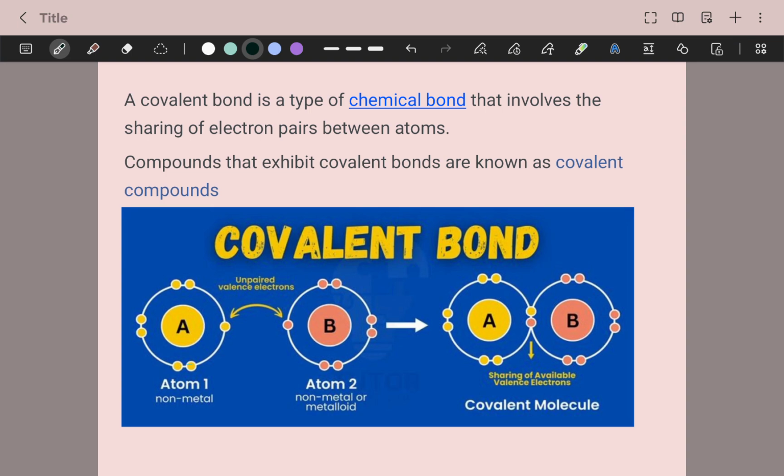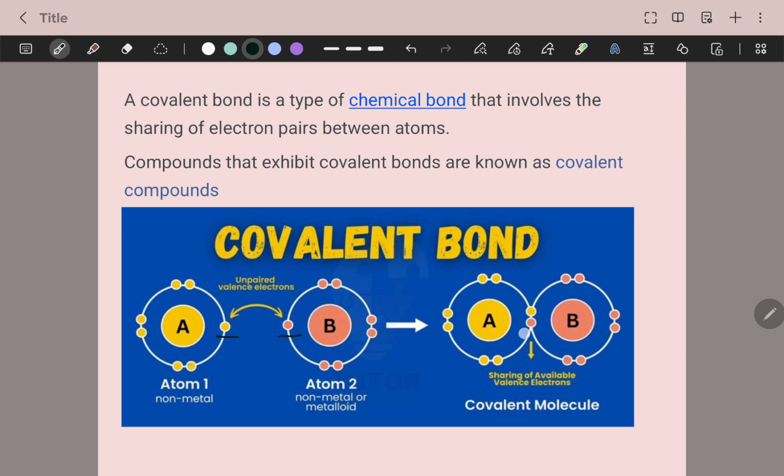Let's first discuss the covalent bond. That can be between a non-metal and a non-metal or metalloid. You can see here two atoms A and B. Both of them have 7 electrons in their valence shells, and 1 unpaired electron in each.